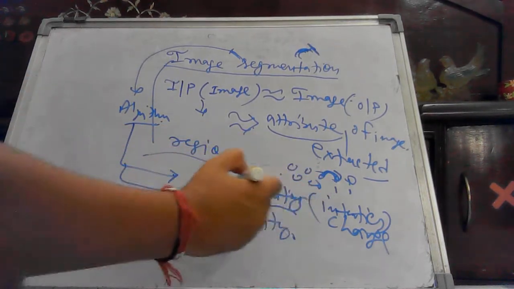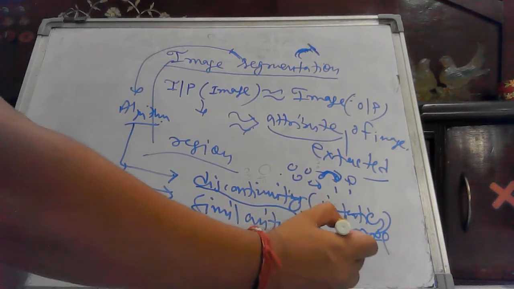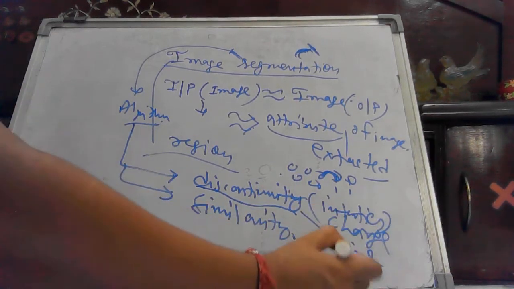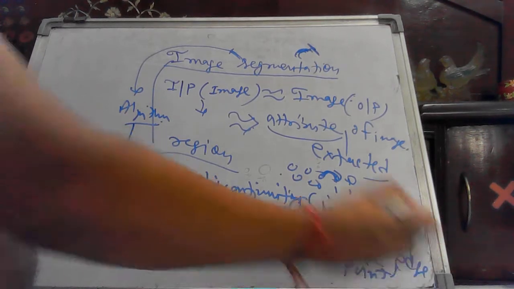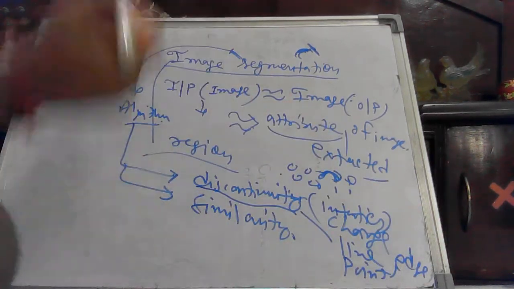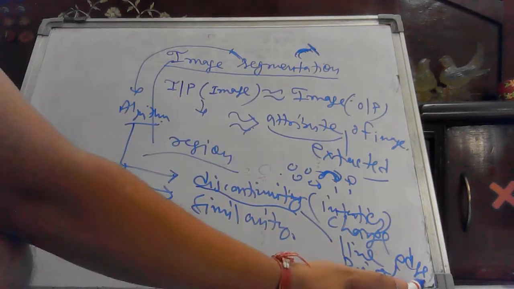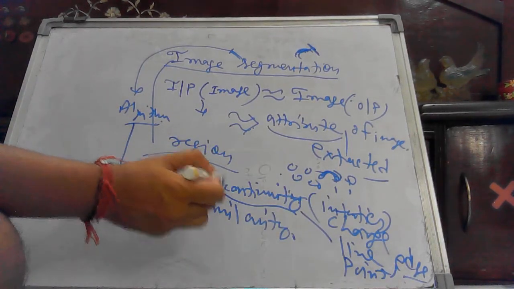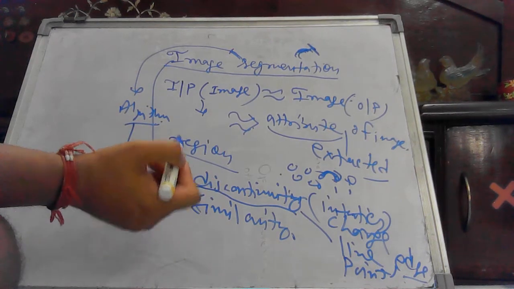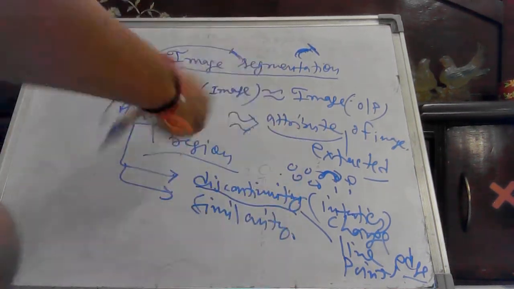So the discontinuity algorithm will be used for detection of lines, detection of points, and edge detection. Edge detection is a very popular operation in image processing. Edge detection algorithms will always be designed based on the discontinuity property, because intensity gets abrupt changes.